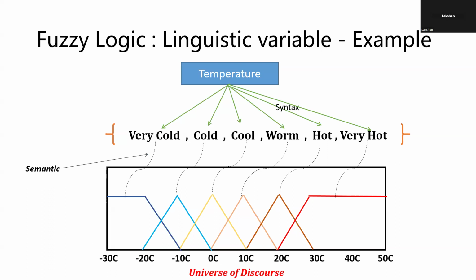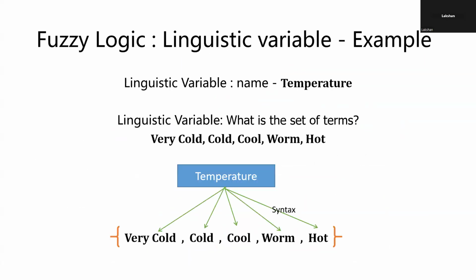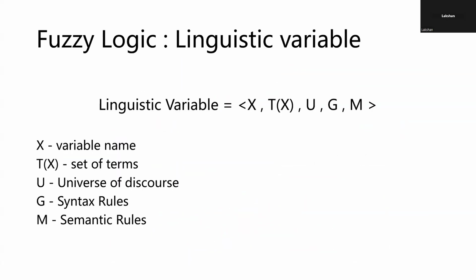We will use the universe of discourse, then we have the set of terms, and how they match with each other. Again, temperature and these terms will be matching with syntax rules.